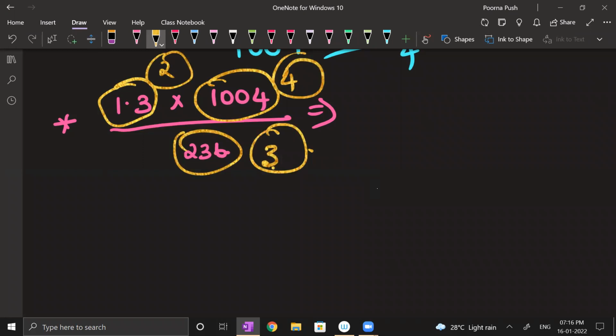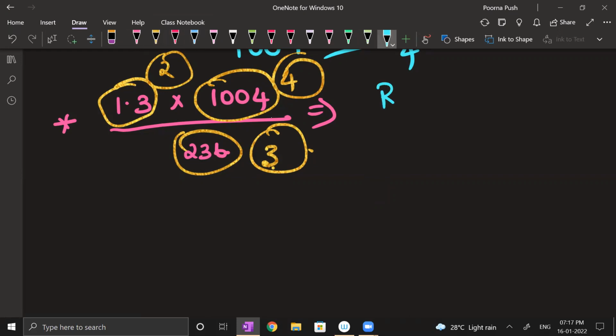Number of significant figures. After I finish the calculation, how many significant figures do I have to round off to? 2 or 4 or 3? Yes, guys. 4.